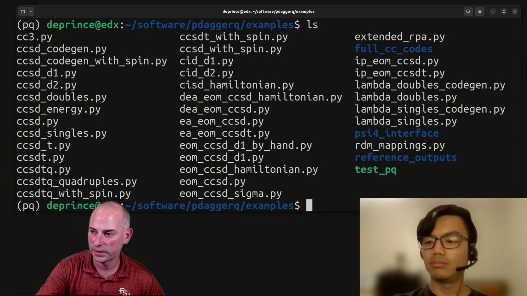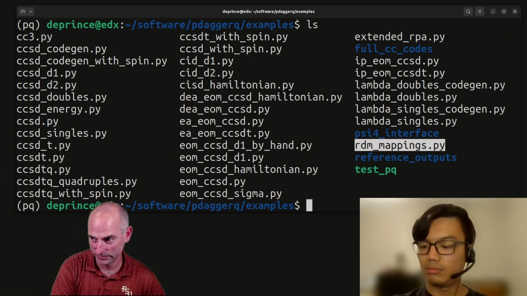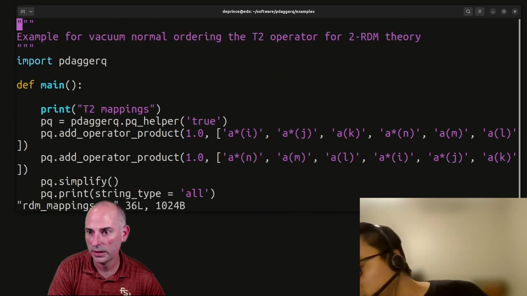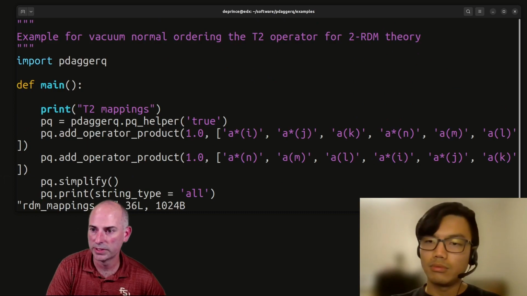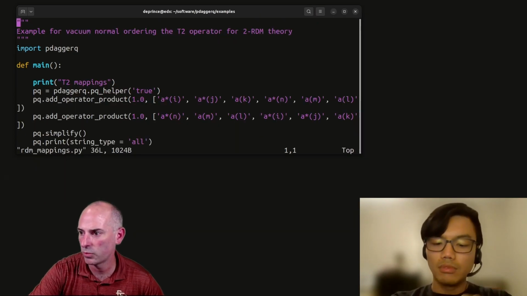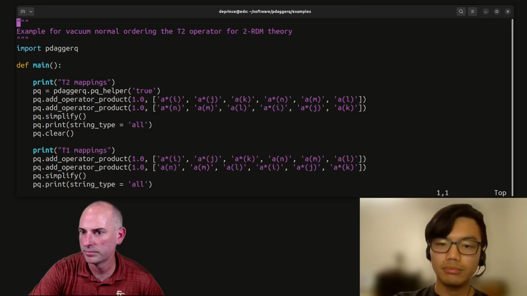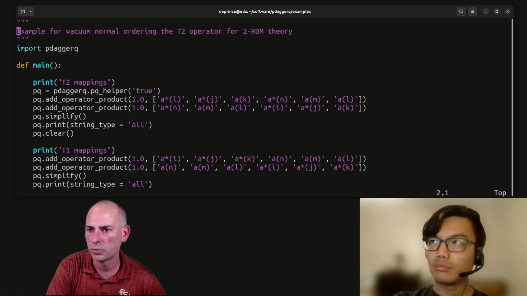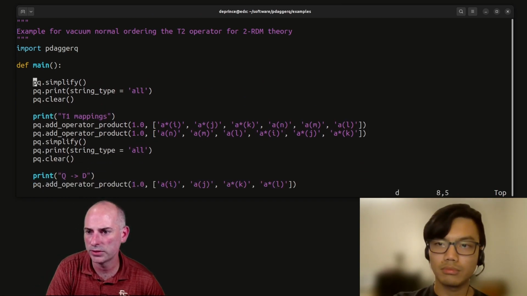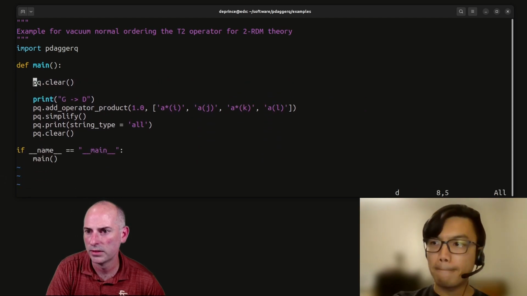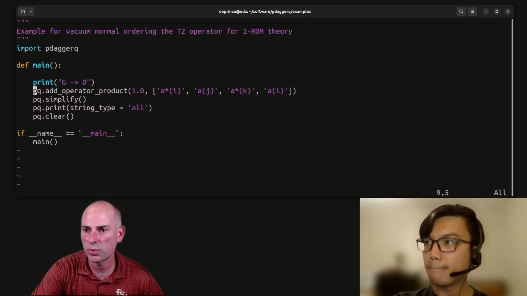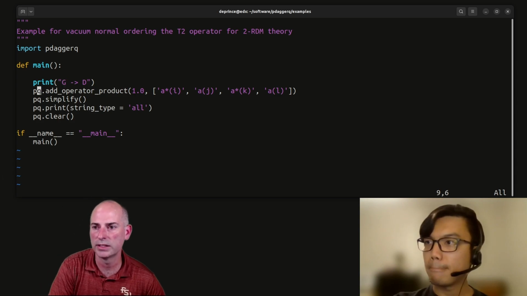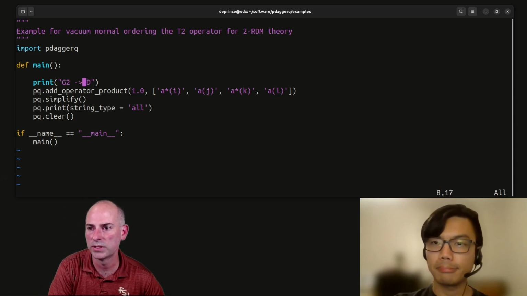And there's one example called RDM mappings.py. So I'm going to open that one. I'll make this a little bit smaller so that it all can fit on one line. And I'm going to delete all the ones that we don't need. In that example, I just wanted to do the mapping between the G matrix and the D matrix, and I should call this G2 and D2.